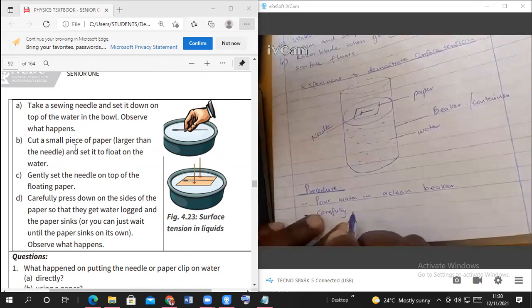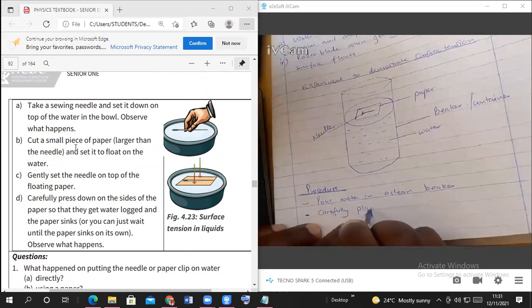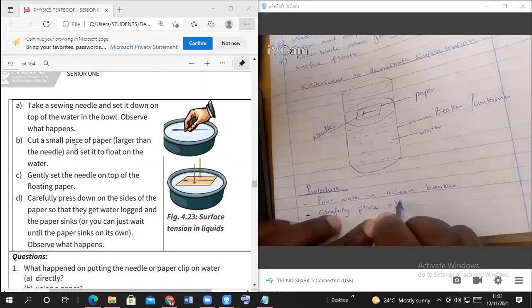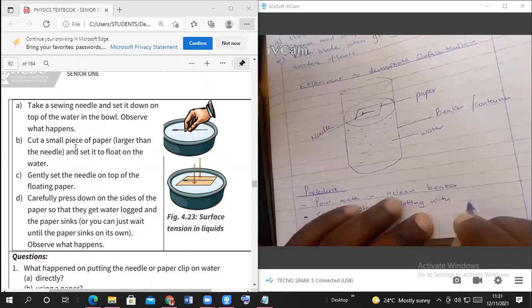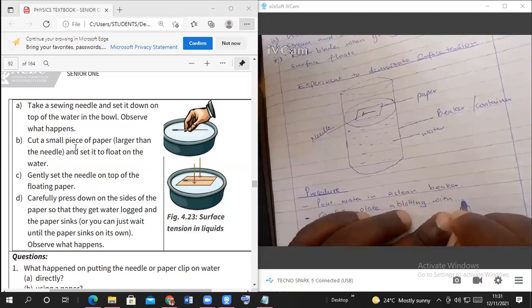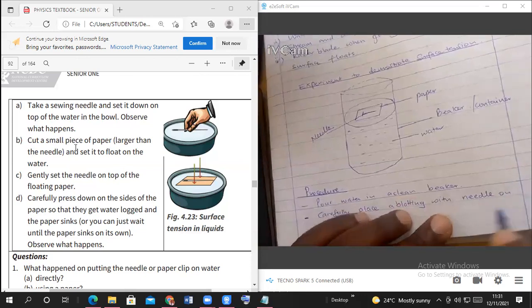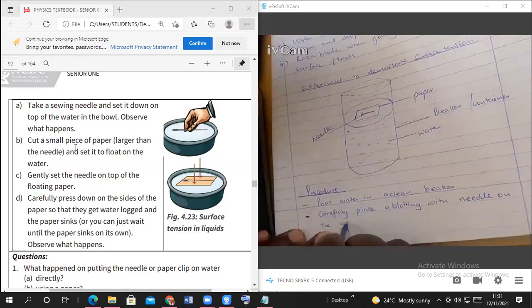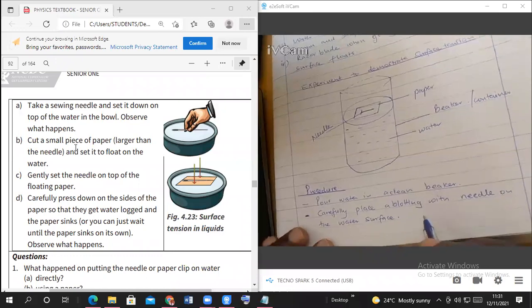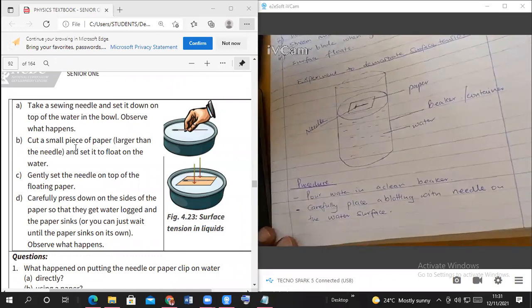Carefully place a blotting paper with a needle on the surface, on the water surface. Okay, on the water surface.